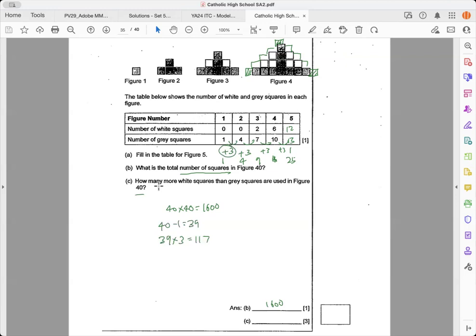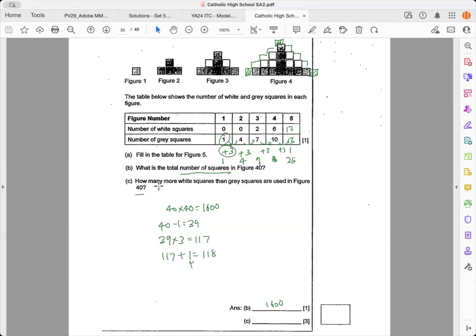So altogether, in figure 40, there'll be 117 plus 1. This 1 is the number of gray squares in figure 1. So 118. So there are 118 gray squares in figure 40.